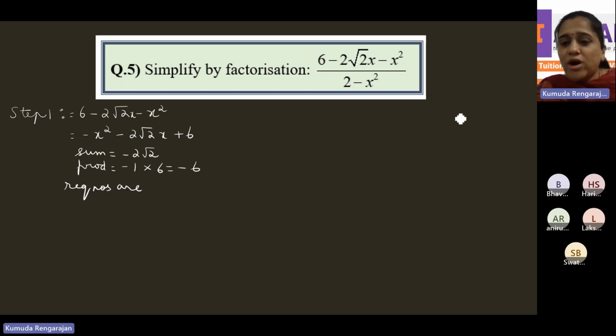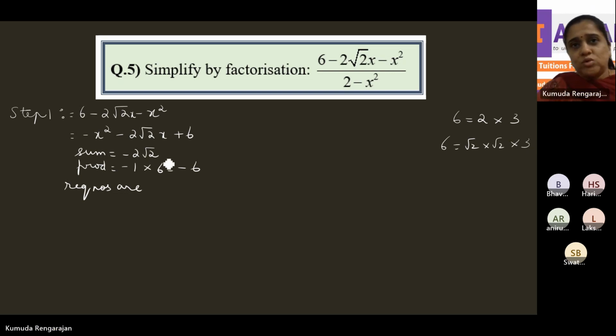You just have to take the product. It's very easy. Take the product 6. Break down that 6 into its factors, 2 into 3. What have I told you? The sum has root 2, so break down 2 further as root 2 into root 2. The sum is 2 root 2.